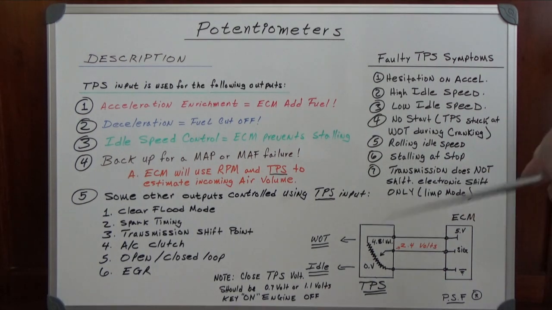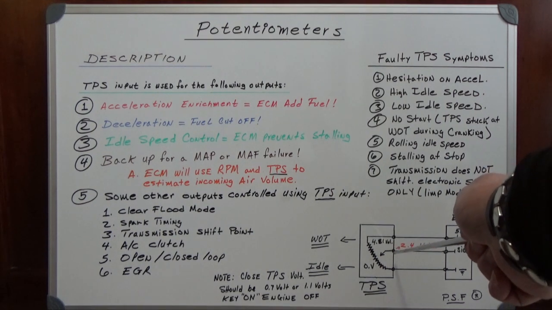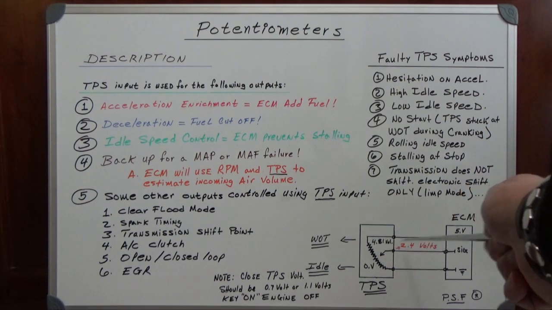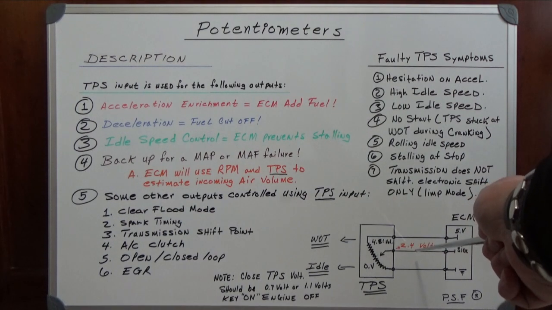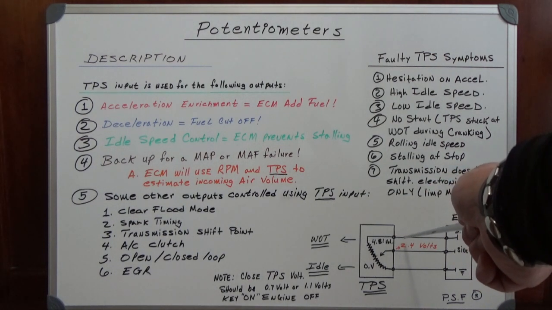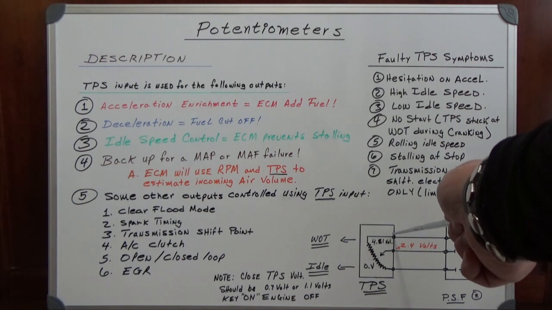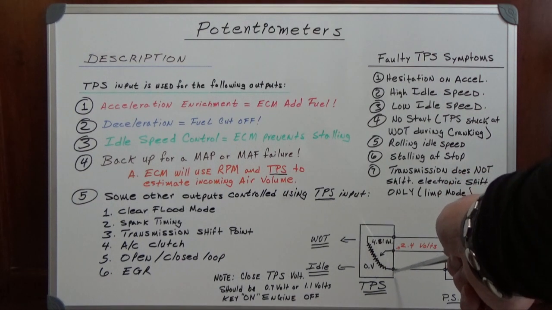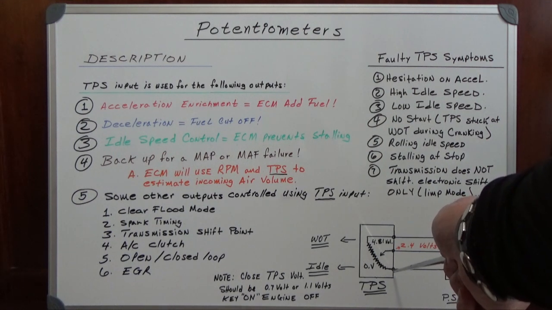And in this little corner here, I made a very simple schematic to show you how this works. Usually the middle wire, and this is a 3-wire TPS, will be your signal wire. The 5-volt reference is going to be this one, and the ECM ground will be this one.